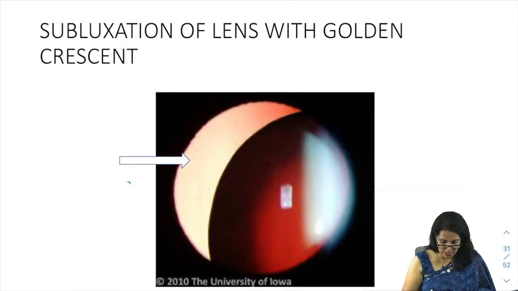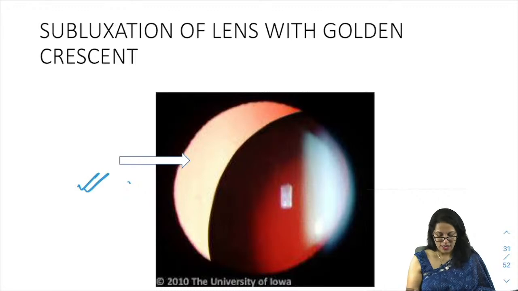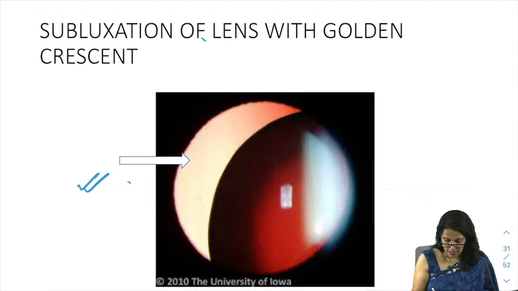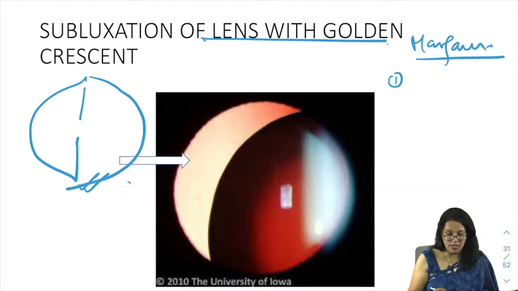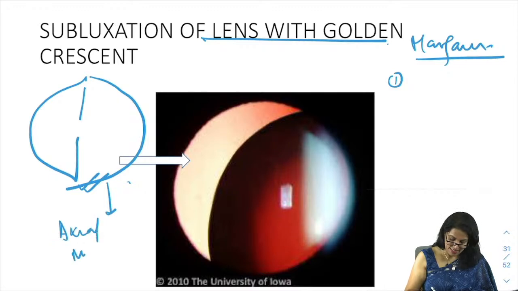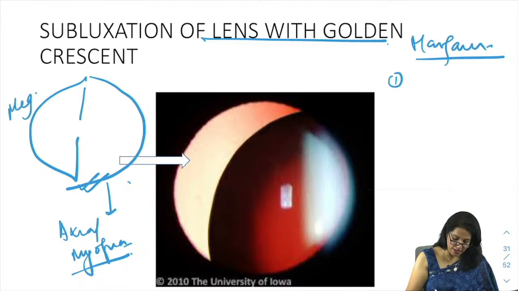See, this is very important. This is the golden crescent, which is a typical feature of lens subluxation, right? So in Marfan's, if I go back to Marfan's, what are the ocular features? Very quickly, I will write here. Think outside to in, because hands are long, fingers are long, eye is also long. So outside to in, first feature would be axial myopia. And then because of the stretching of the eyeball, cornea is large, so megalocornea.